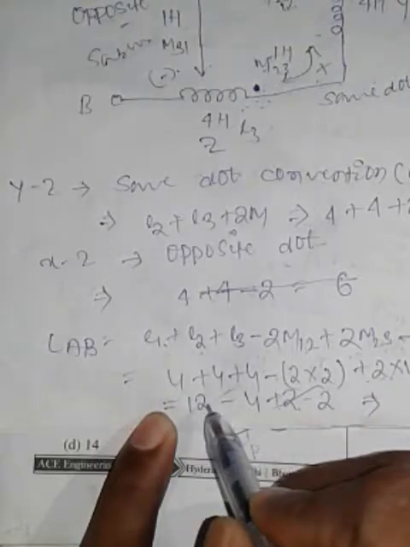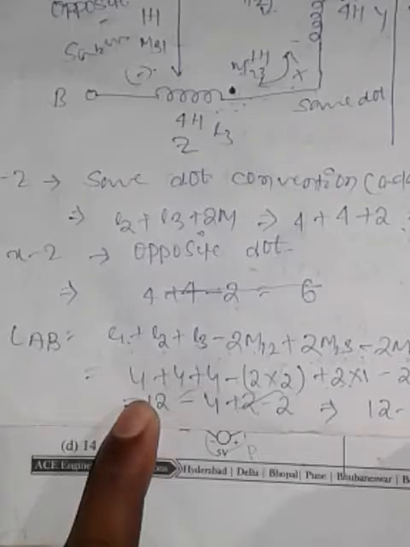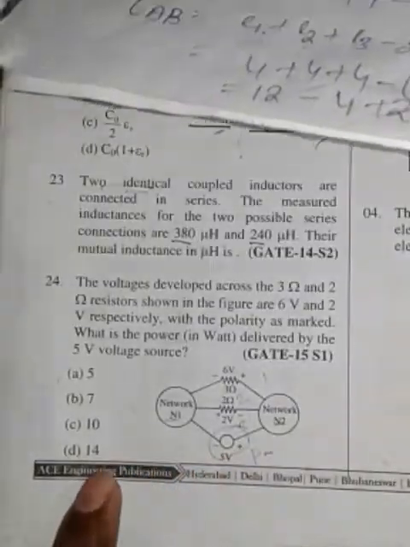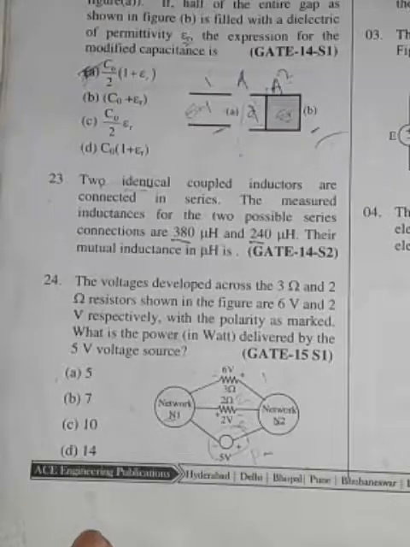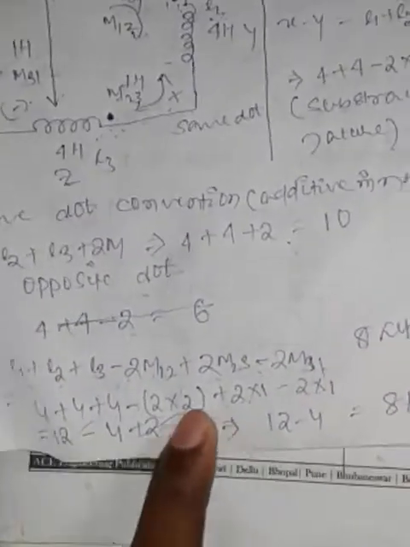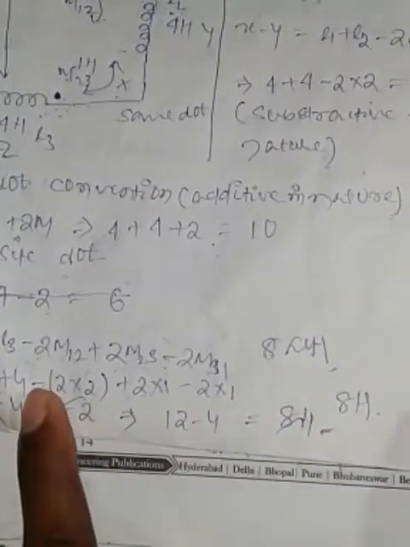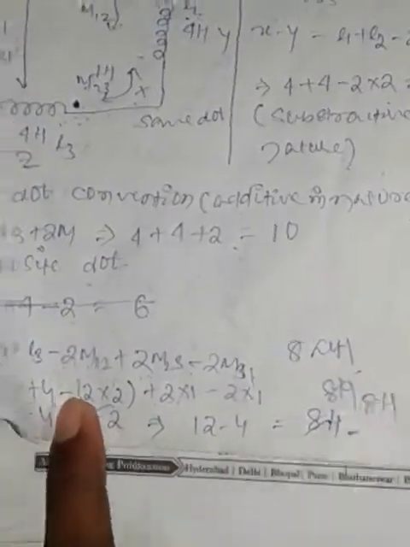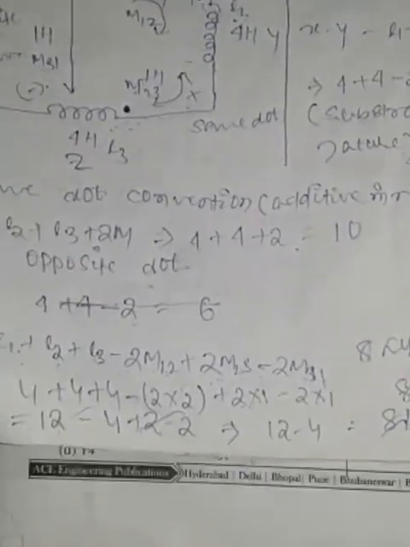So these two cancel. So 12 minus 4 is equal to 8 Henry. Sorry, not micro Henry, 8 Henry only. So 8 Henry.